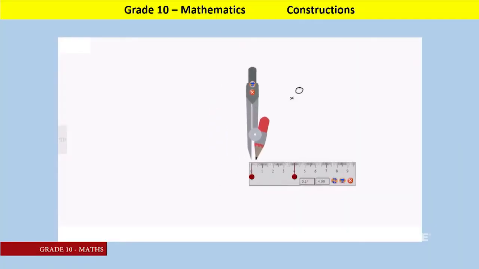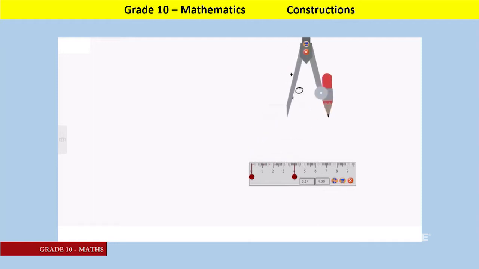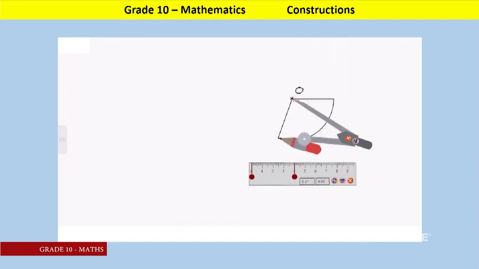The fixed point I have marked as O. You also can try. Let's construct a circle with the radius 4 cm. Take the help of a ruler. Measure 4 cm. Keep the steel point on O and move your pencil.